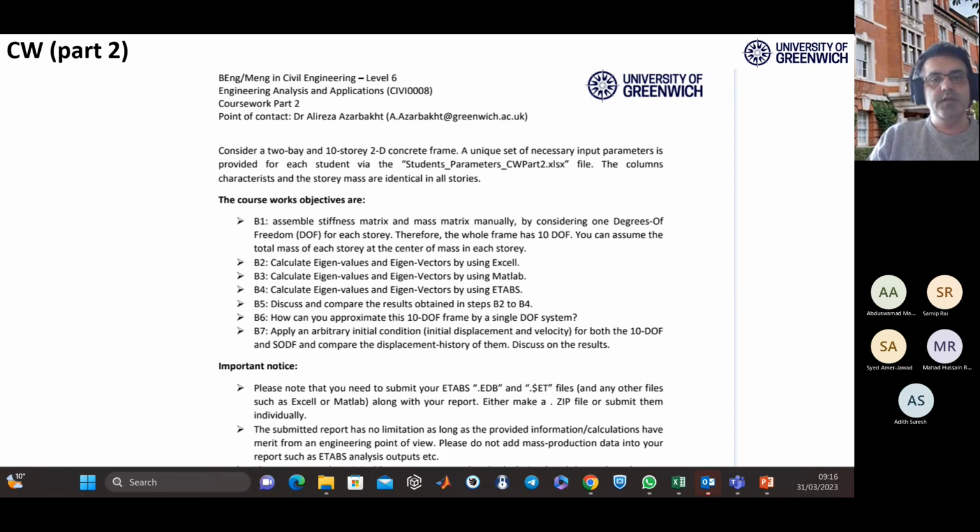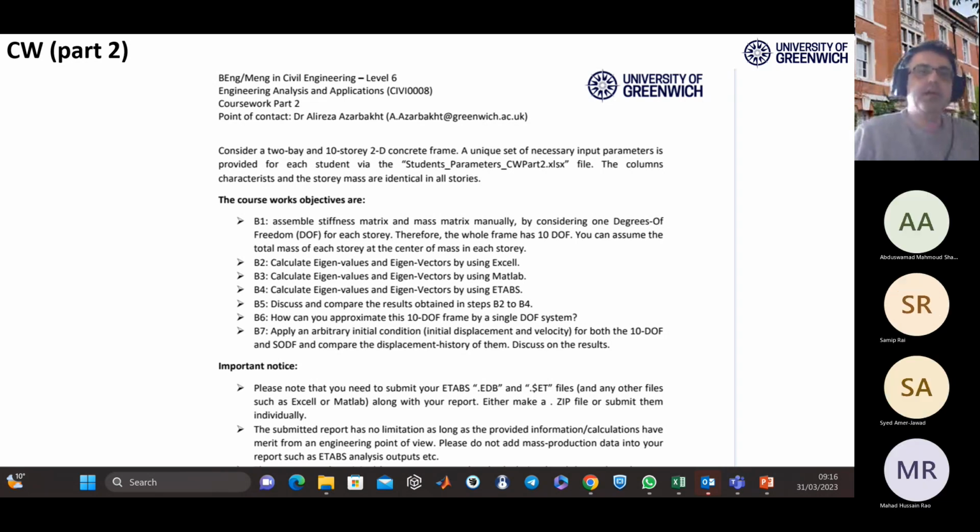This is the second part of the coursework. It says consider a 2-bay and 10-story 2D concrete frame. It is very similar to the example I've employed, with the difference that the example I've solved already is 2-story and your coursework is 10-story. So you need to add 8 more stories to the current problem.